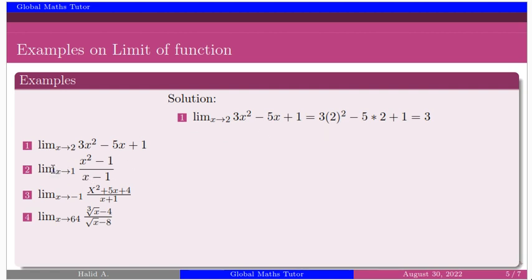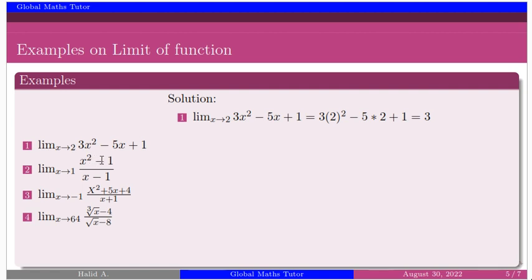For the second case, the limit is as x approaches 1. If we substitute 1, it will be undefined here, the denominator. If it is undefined, there must be a way to simplify, otherwise the limit does not exist. So can we factorize x minus 1 from this numerator?